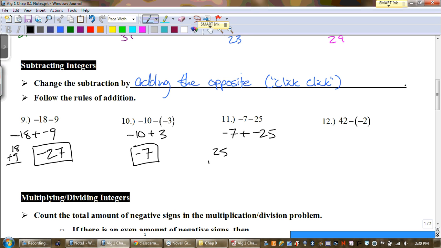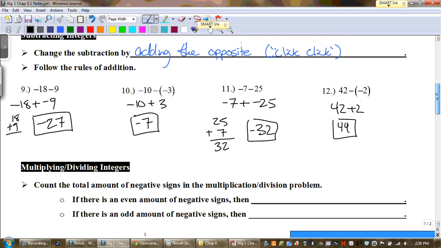We're going to add those two numbers, and when you add those up, you should get 32, and they're both negative. Okay? Last one, number 12. Add them up, they're both positive, and we get 44. All right, let's move on.